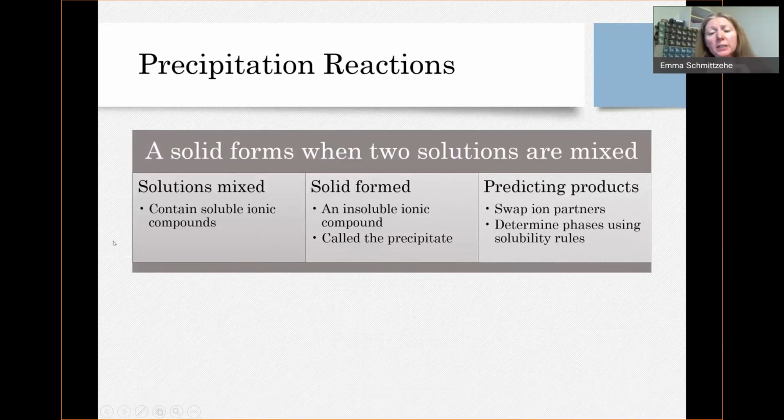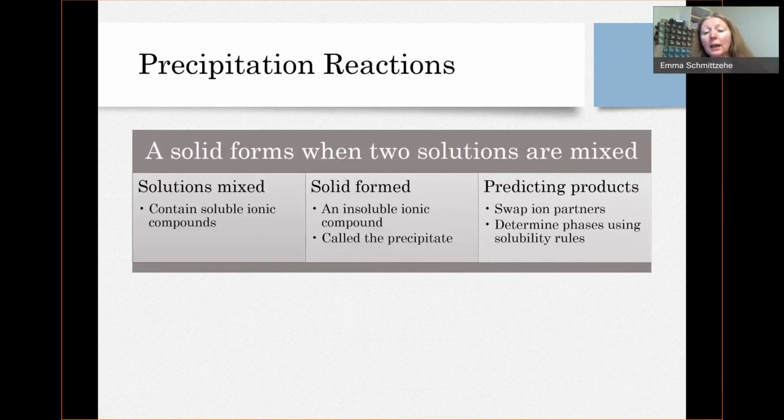Now, if you're given two solutions, or you're given the reactants and asked to predict what the product would be, you need to be able to identify what ions are present to start with, and then you're going to swap the ion partners. So initially you have some cation and anion that came from one compound, and a cation and anion that came from another compound, and so you'll swap partners.